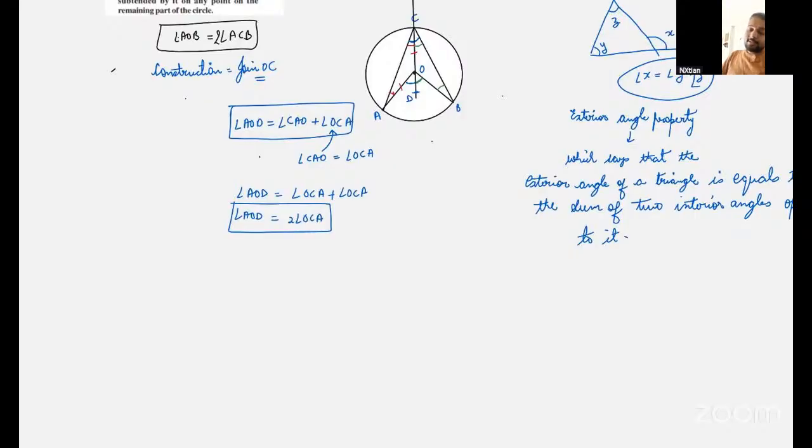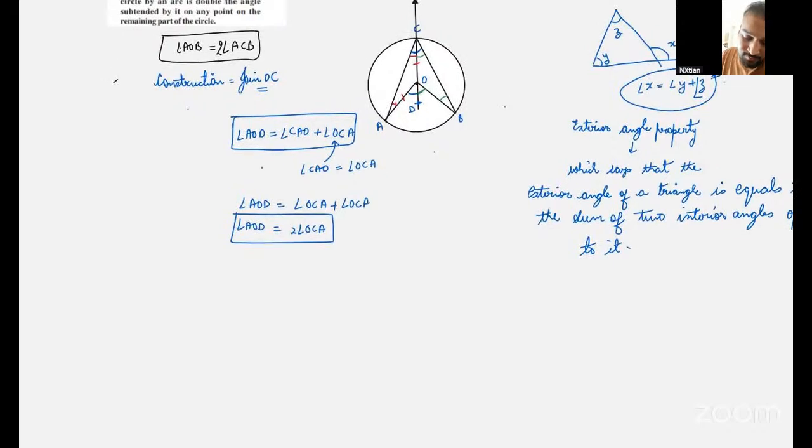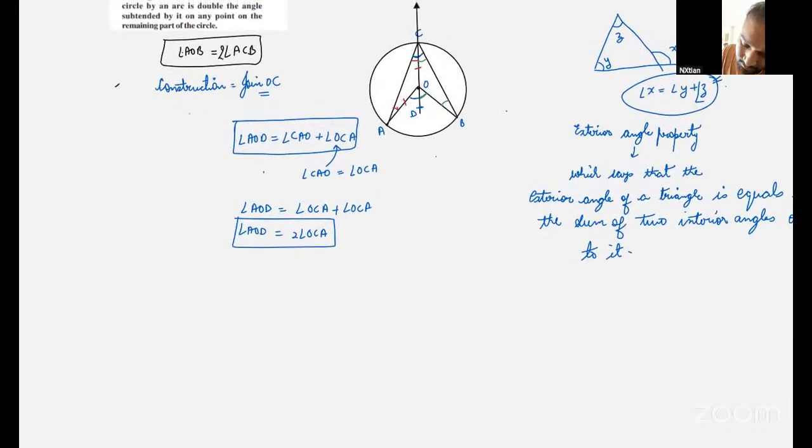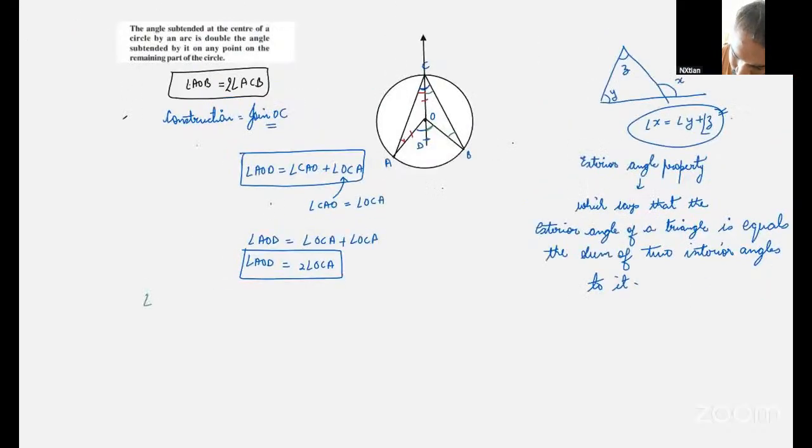So I can write it down like this: angle DOB is equal to angle OCB plus angle OBC.